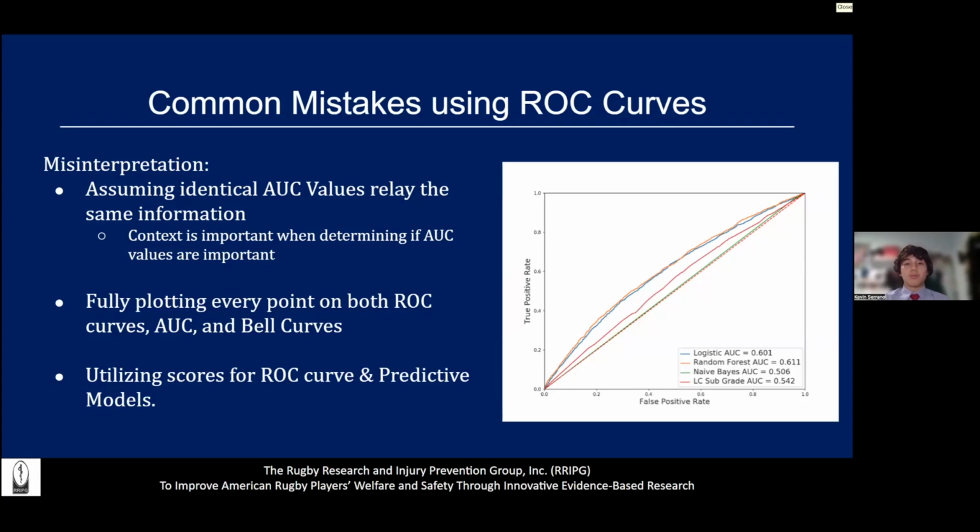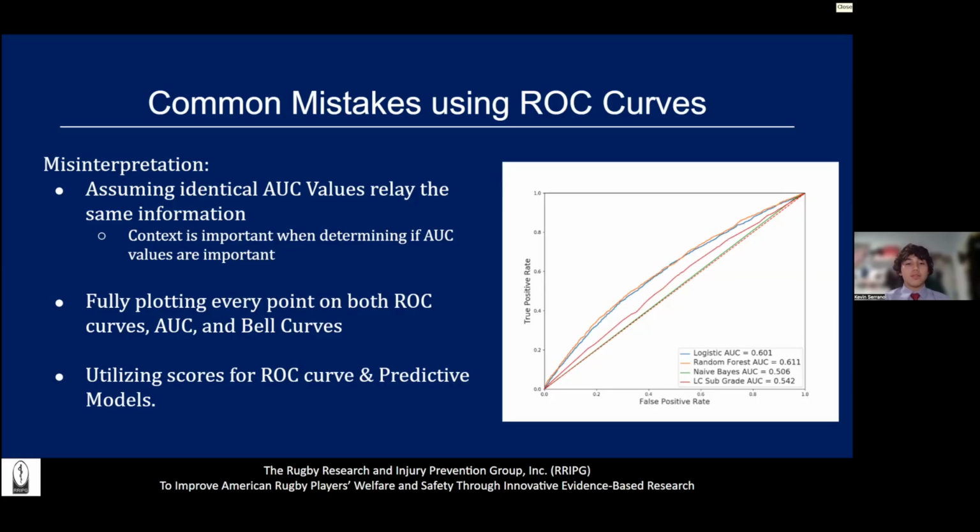Context is very important when determining whether or not the AUC values are important. Next, you also have to fully plot every single point on both the ROC curves, the AUC, and the bell curves. This will allow for the most accurate representation of the data and really understanding whether your individuals are going to have false positives or any other outcome mentioned previously.